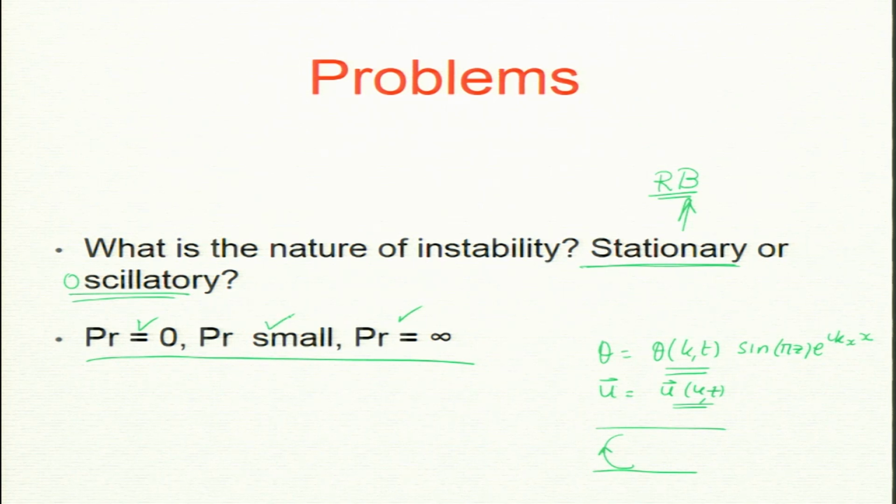But please keep in mind that my Rayleigh number was independent of Prandtl number, Prandtl got cancelled. So, my Rayleigh critical does not depend on the Prandtl number. I will not answer this question, but I would want you to think about what happens for Prandtl number 0. This is an interesting case. The rest is not so complicated, but that is an interesting case.